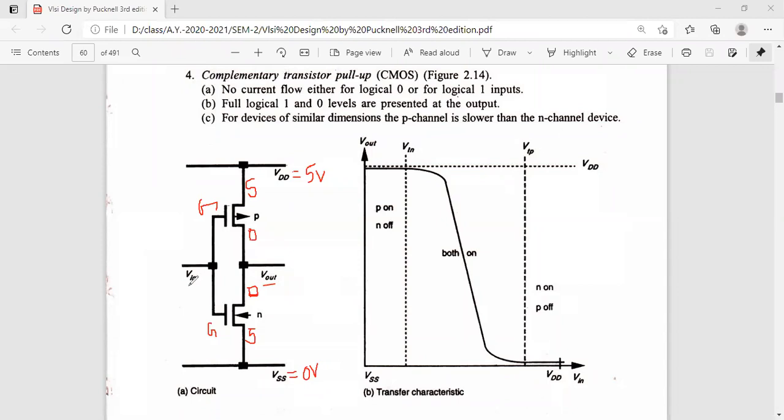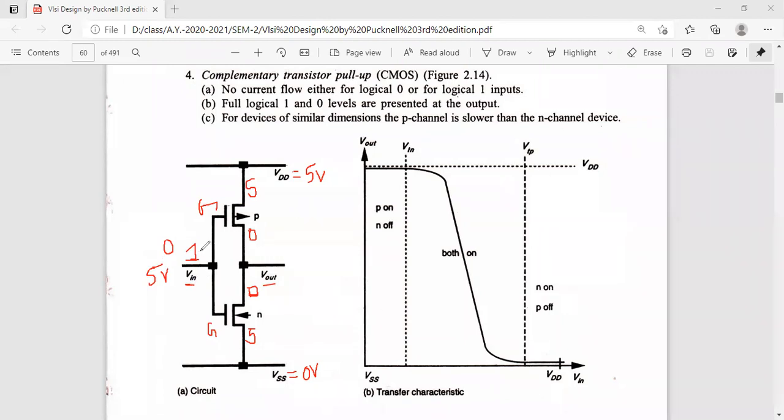Now here my input Vin, first I want to give 1, then I will see for 0. This Vin is 1, that means I am giving an input of almost 5 volts.